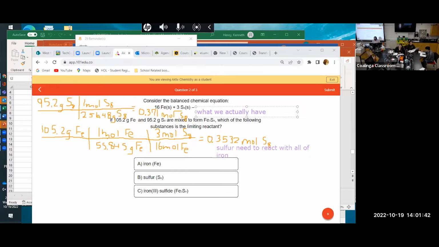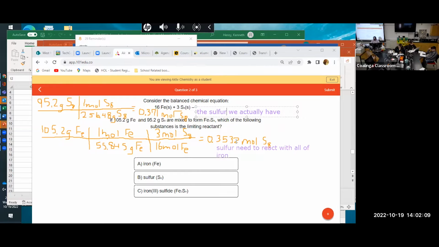Sulfur we actually have. So we actually have 0.371 moles of sulfur, and we only need 0.3532 moles of sulfur.